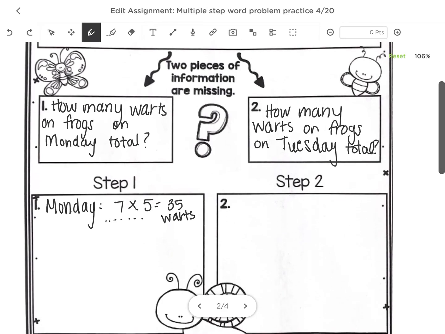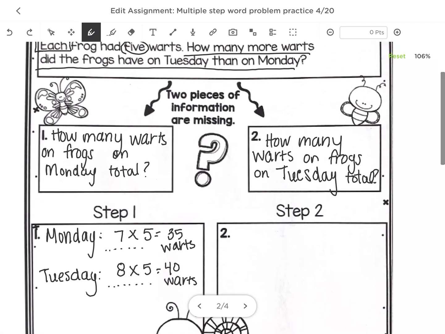Now on Tuesday, she found 8 frogs. And again, each frog had 5 warts, so we do times 5. 5, 10, 15, 20, 25, 30, 35, 40. We had 40 warts. Okay, but that's not what our question is asking us.